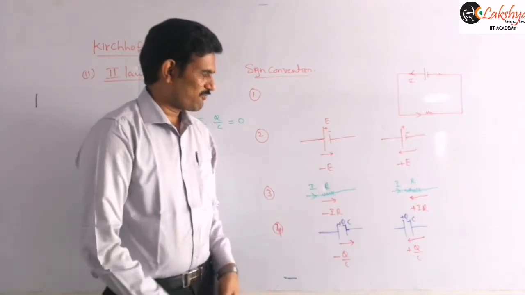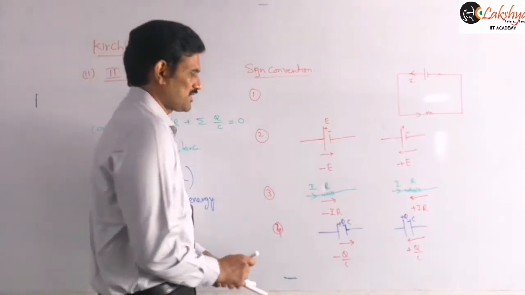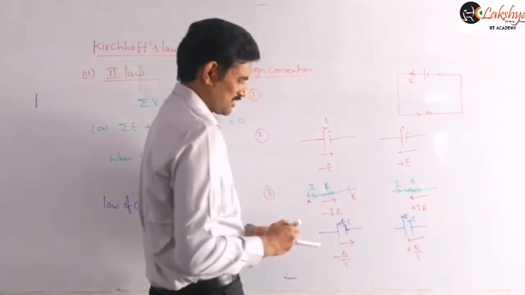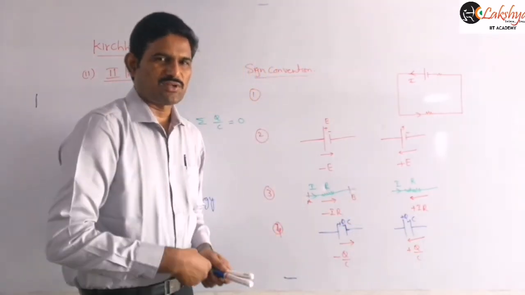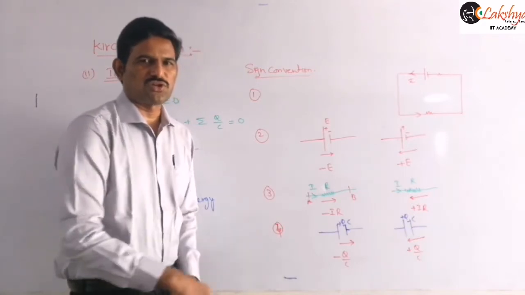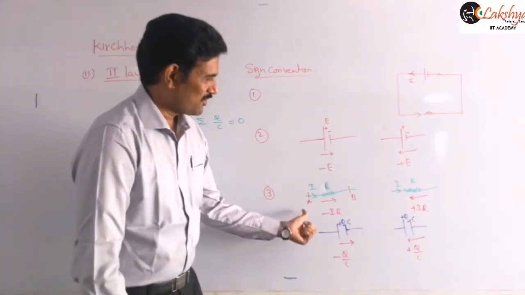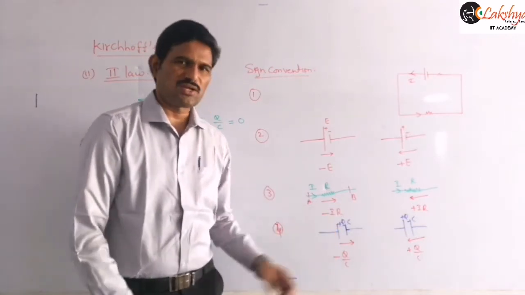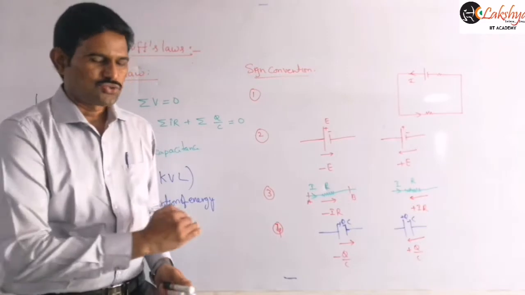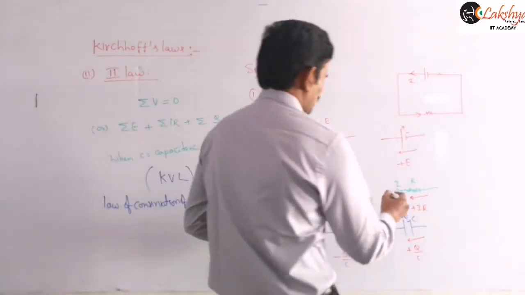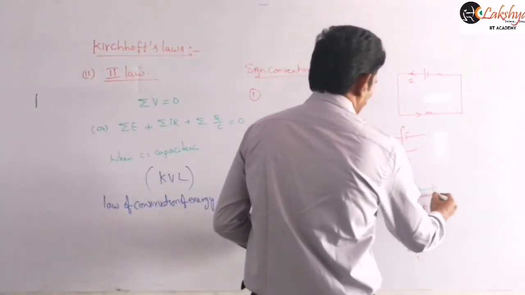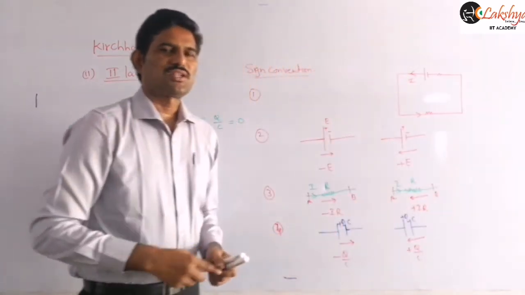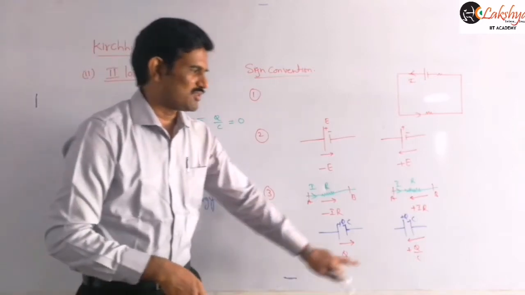Similarly, when current is flowing like this, suppose I take this as point A and this as point B. Point A is at higher potential, because we know current flows from high potential to low potential. So when we travel from A to B, from high potential to low potential, it is represented with the negative sign, because potential is decreasing. But when you are traveling in the opposite direction, from low potential to high potential, from B to A, the potential is increasing, so it is represented with plus IR.